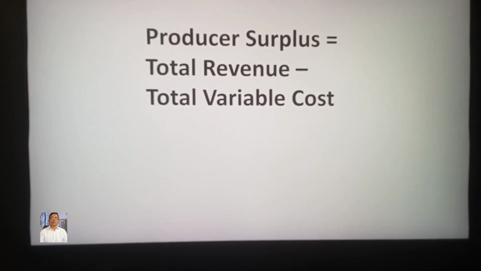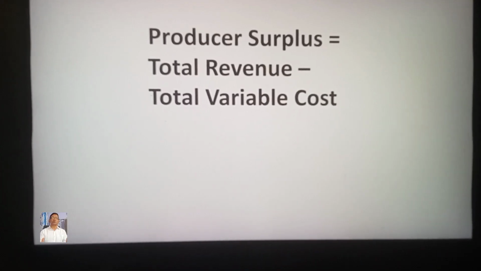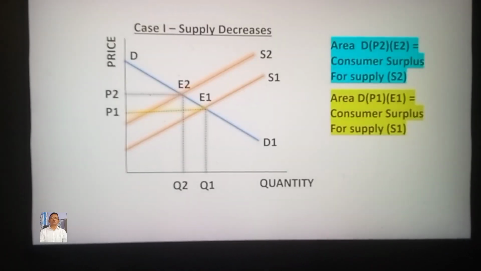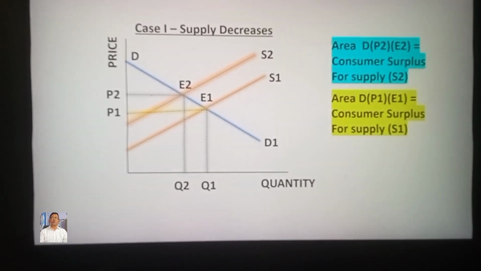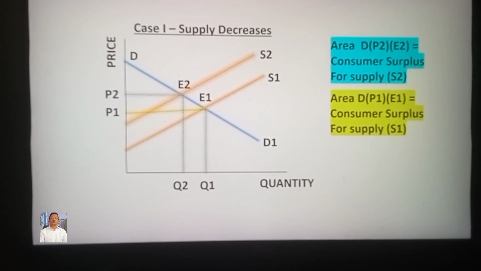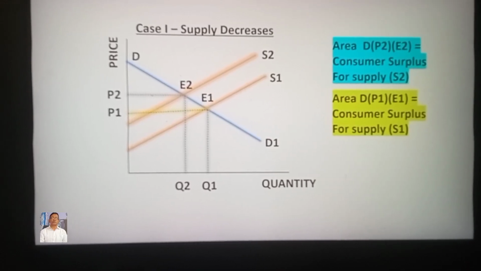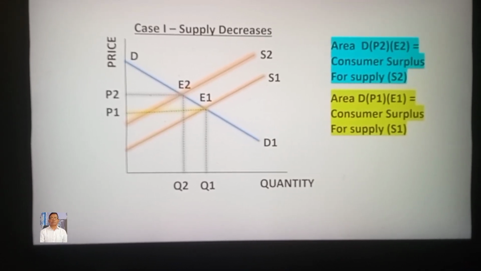Let us see how changes in supply and demand might affect consumer and producer surplus in the following cases. Case 1. Supply decreases. When supply decreases, there is a decrease in consumer surplus.